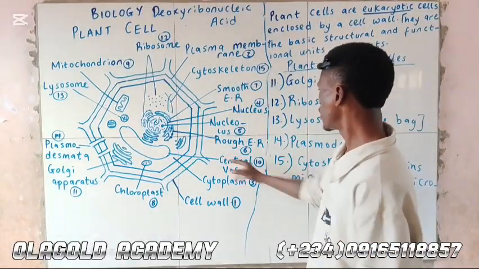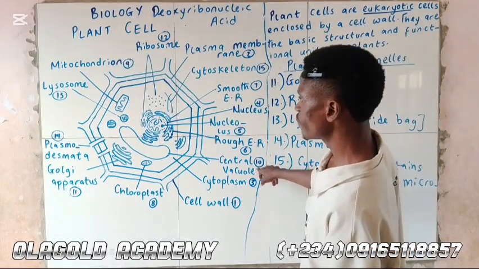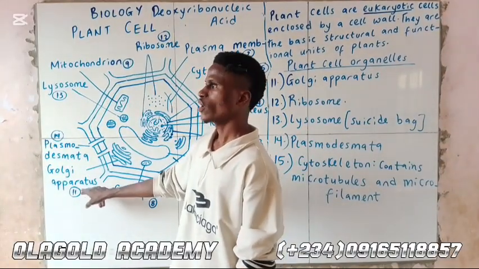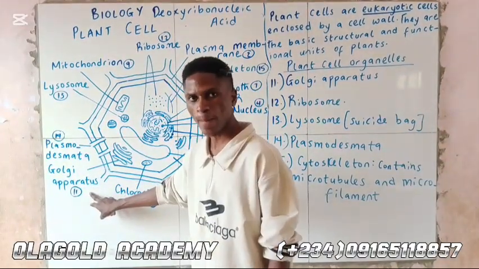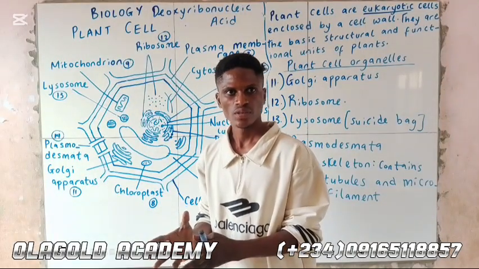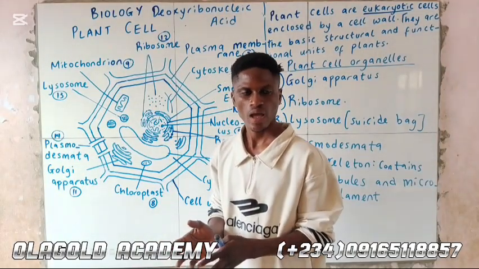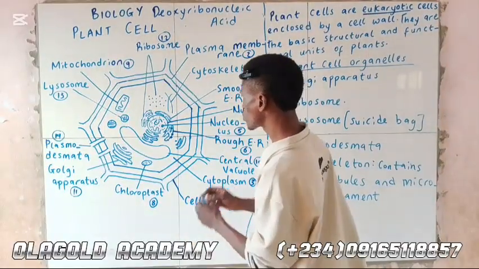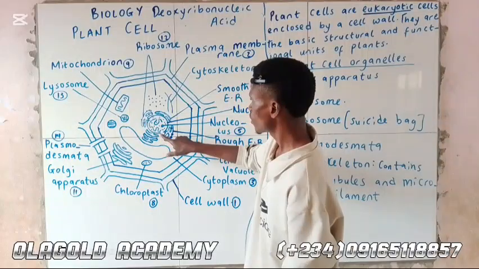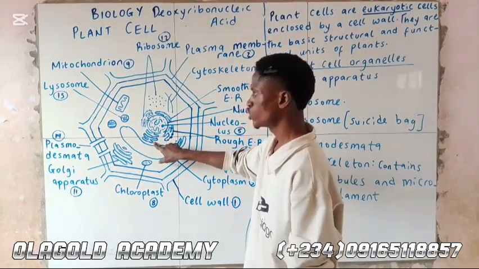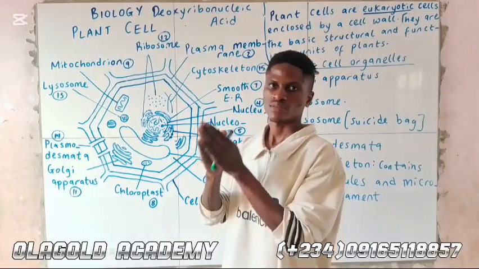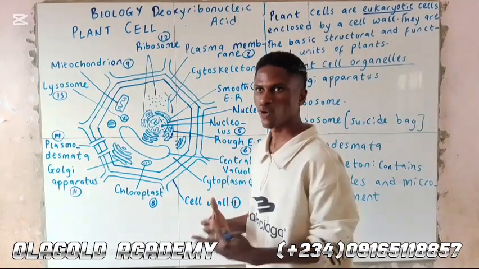Number 11, we have the Golgi apparatus. And I said that this Golgi apparatus is what helps to modify, sort, and package the protein from the rough ER and the lipids from the smooth ER into vesicles that can be used in the body.